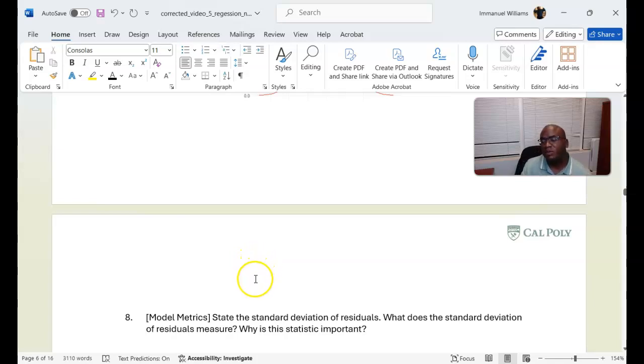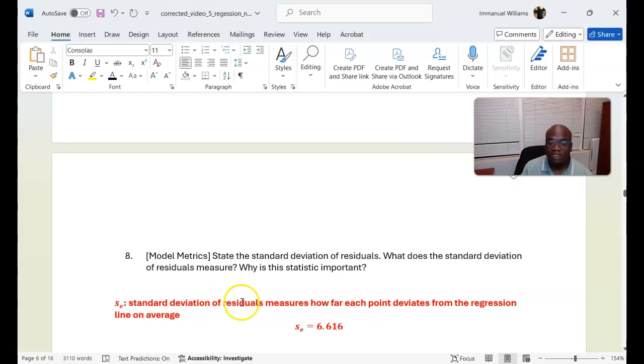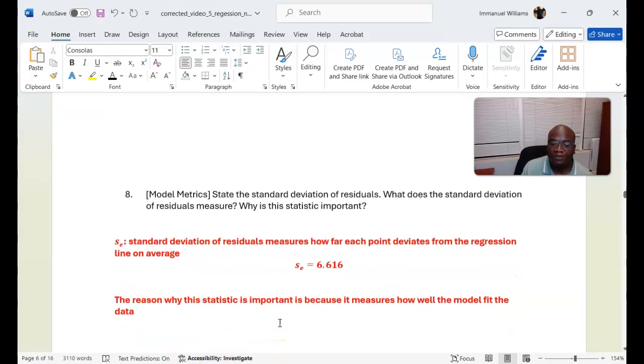That's going to be that 6.616. What does standard deviation measure? It measures the amount of unexplained variability. Why is this important? Because it allows us to measure how well the model performed. Standard deviation of residuals measures how far each point deviates from the regression line. So that's what's left unexplained. That's unexplained variability. The reason why this statistic is so important is because it measures how well the model fit the data.